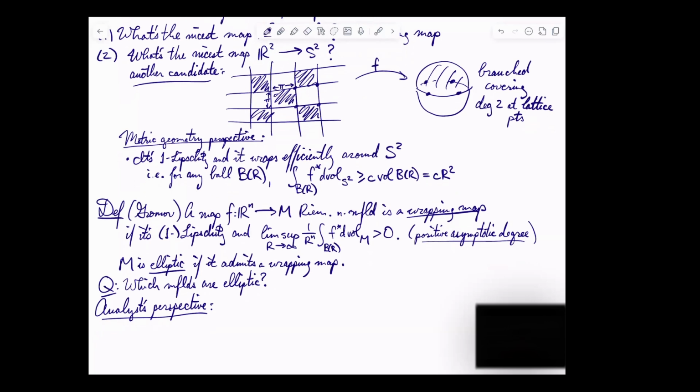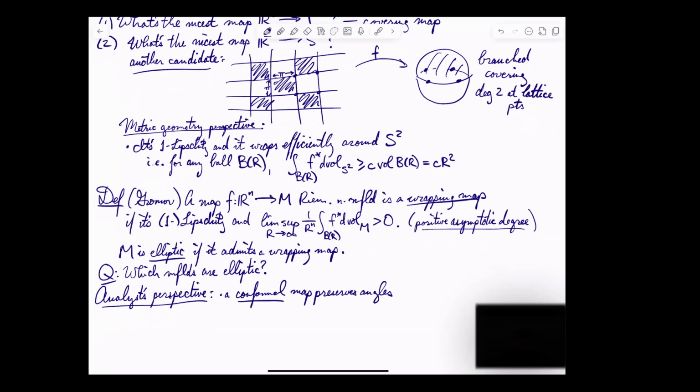Start with the notion of a conformal map, which preserves angles. A quasi-conformal map preserves angles up to a constant; the map distorts angles by a bounded amount.